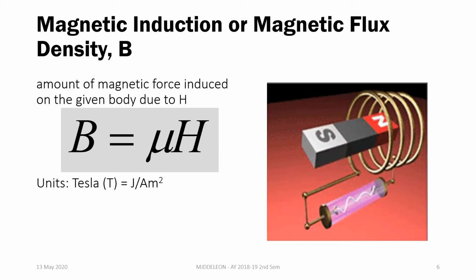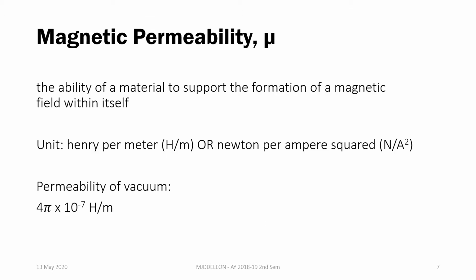Related to that, we have our magnetic flux density B. And this is the amount of magnetic force induced on the given body due to an external magnetic field. Our magnetic induction or magnetic flux density is related to your magnetic field strength by the proportionality constant mu, where mu is your magnetic permeability. The magnetic permeability, this is the ability of a material to support the formation of a magnetic field within itself.